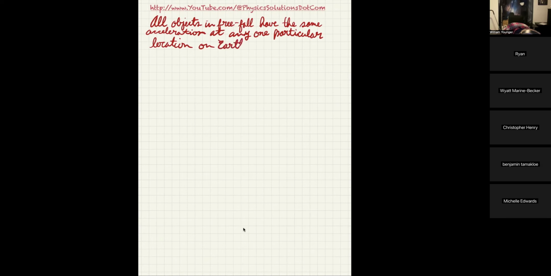So, for instance, if you went down to the bottom of the Marianas Trench, which is essentially the lowest point on planet Earth, and you measured g, you'd find that gravitational acceleration down there, instead of being 9.80, is maybe a little bit closer to 9.81. And if you went to the top of Mount Everest, which is the highest point on Earth, you'd find that the gravitational acceleration up there is a little bit closer to 9.79 instead of 9.80.